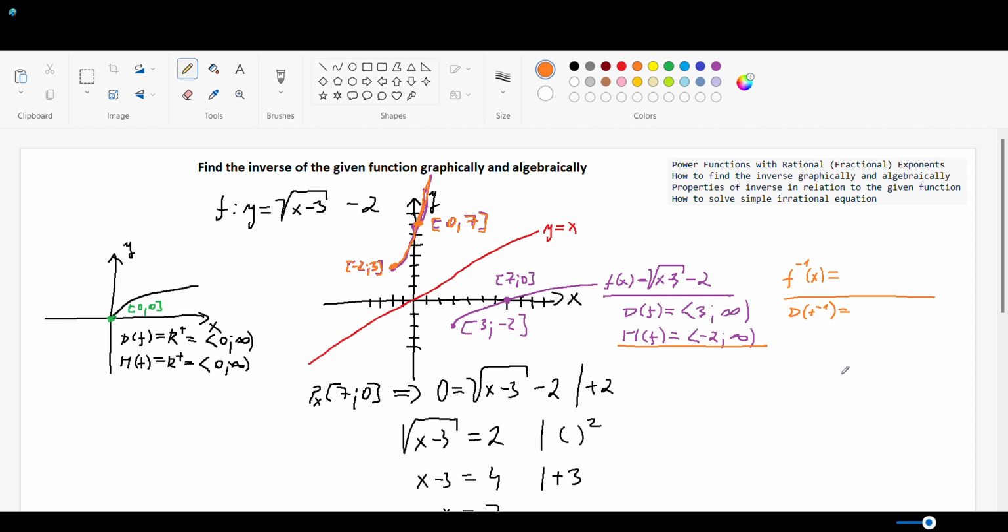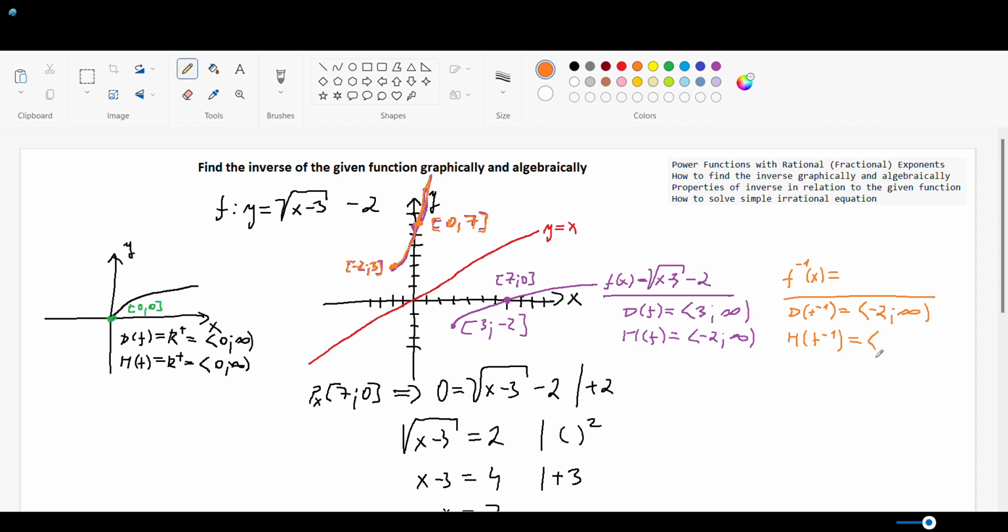And as we can see, we did the graphic job really properly, because from the graph you can see that the domain of our inverse function is really from -2 to infinity, and the same applies for the range of our inverse function, which is from 3 to infinity, which is again the domain of our original function.